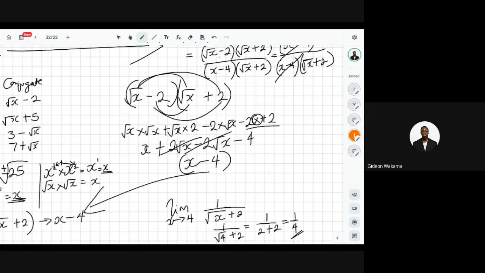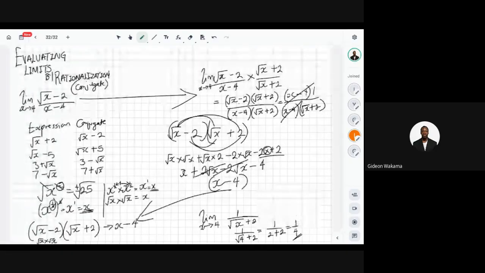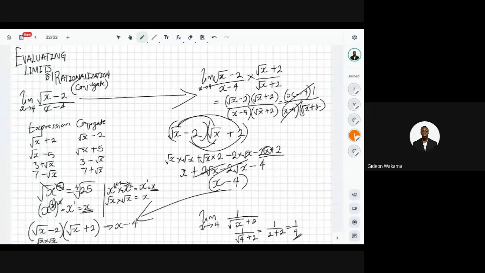So that's it. Before you get to L'Hopital, because a lot of people just want to jump into L'Hopital, but that's not how I handle my things. I need you to master this limit. When you're done with rationalization, you will then treat trigonometric limits. You will see why rationalization works. You then treat special trigonometric limits.